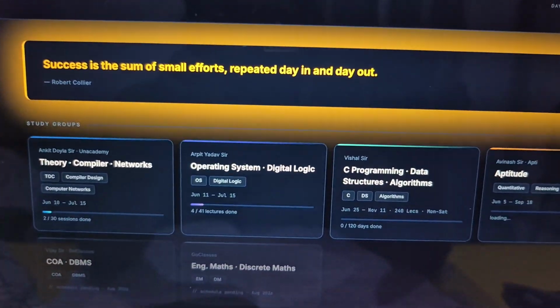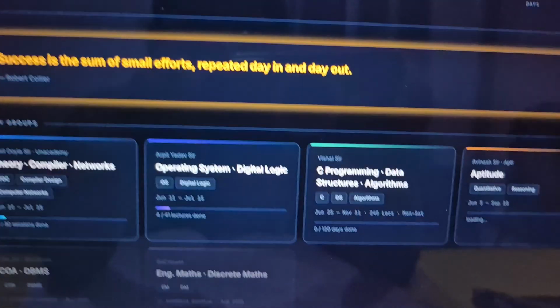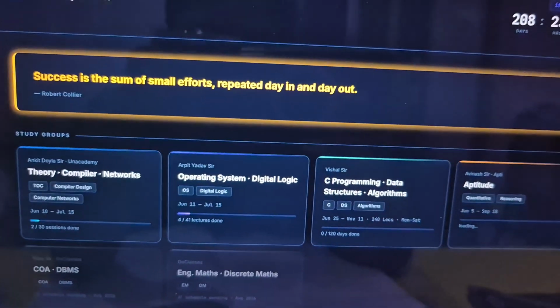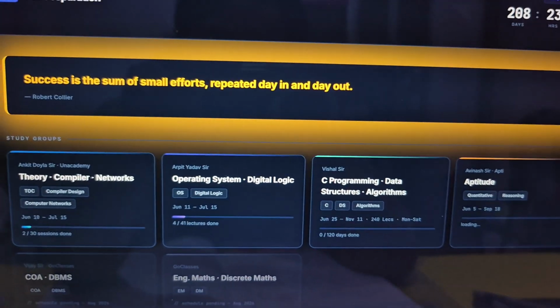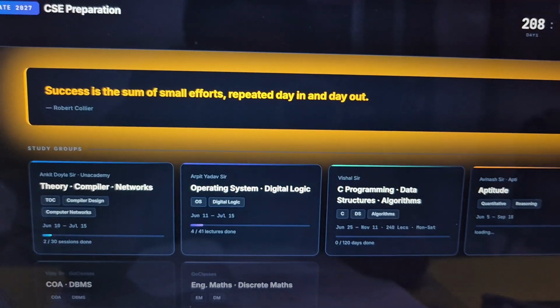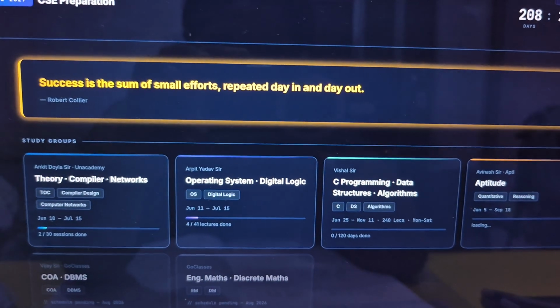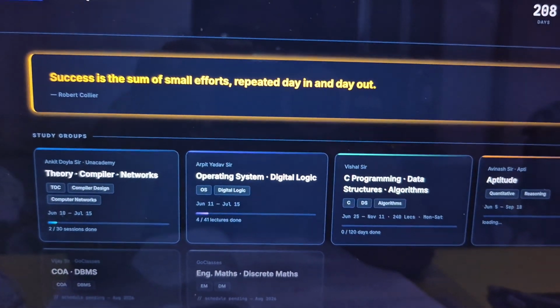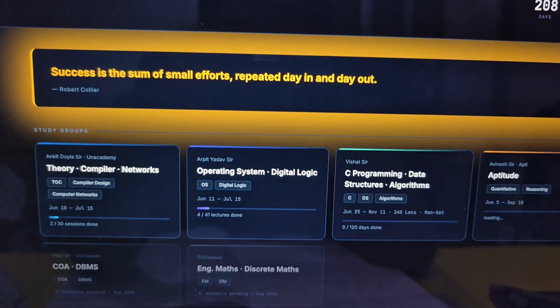So that was my day regarding studies. Coming back to my mother's health, she is much better than yesterday. Thank you guys for showing support and your concern. It really means a lot to me, because I was really stressed. I'm still a little stressed right now. It's not completely recovered, but it's much better than yesterday.